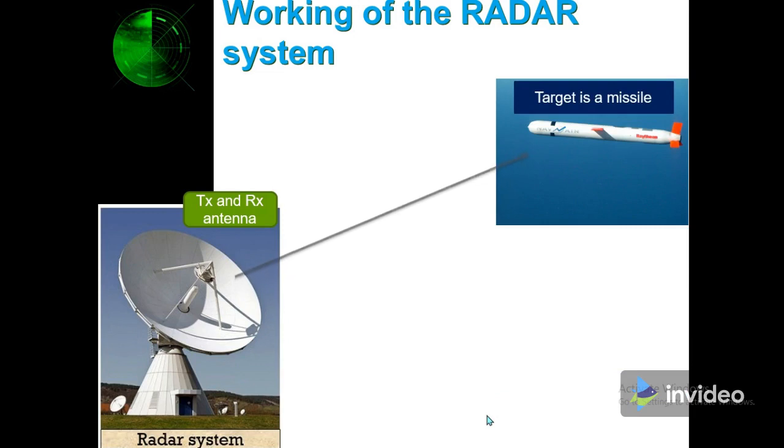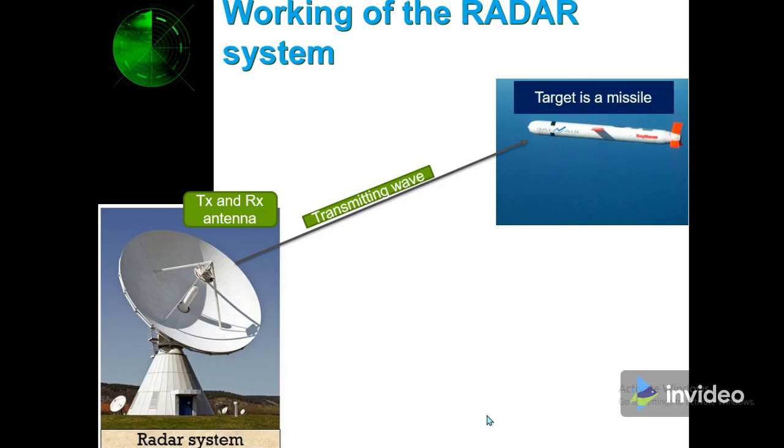Then we are going to send a wave to the target, and this is going to be a transmitting wave. As you already know, when you shine a torchlight onto a mirror, it reflects. The same thing is going to happen here, but instead of light, it is a radio wave, and we can call this wave the transmitting wave.